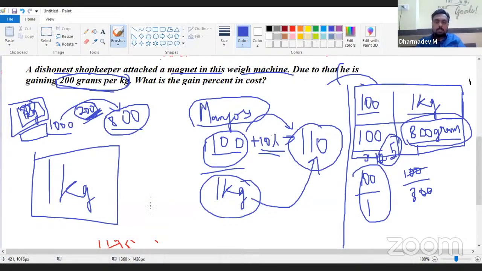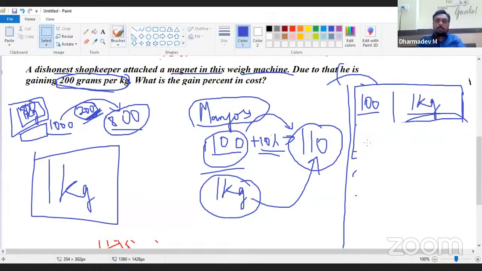Whatever the concept, it's very simple. What you have to remember is, if he is selling 800 grams for 100 rupees, then to find the profit, 100 is equal to the selling price of 800 grams. If it is for 1000 grams, what is the price?